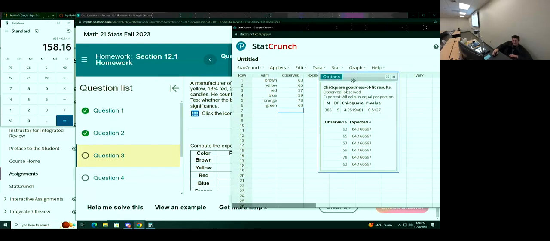It'll spit out n. N is 385. So I got my n real quick, 385.